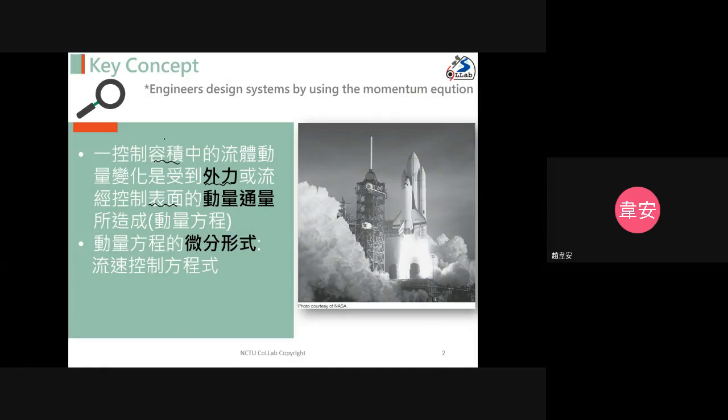We still have the control volume and the control surface, but now we don't discuss the mass exchange along the control surface or the mass change in the control volume with time. Right now we move from mass to momentum.